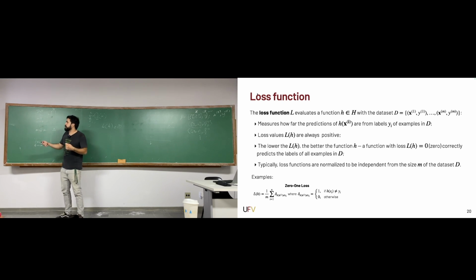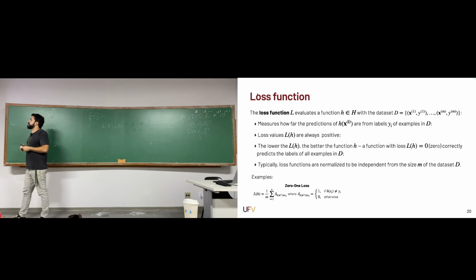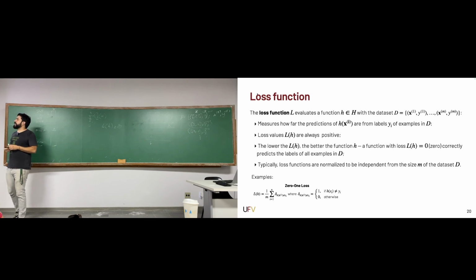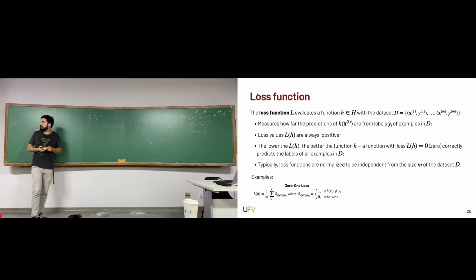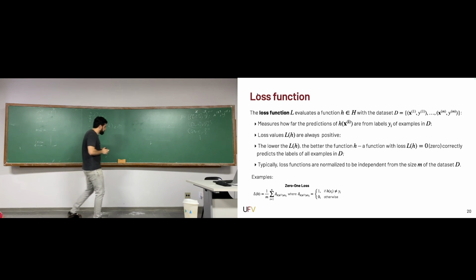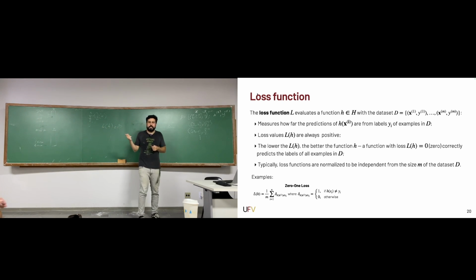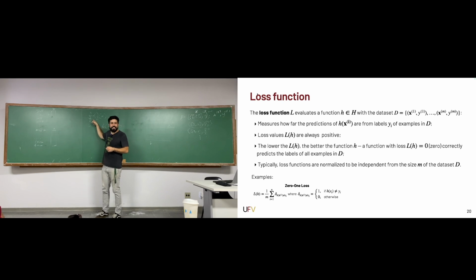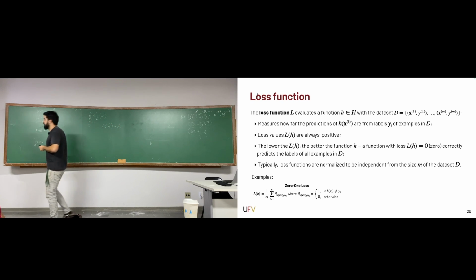Let's see some examples. Perhaps the most basic loss we can think of is called the 0-1 loss, which just returns 1 if the prediction is exactly correct, and 0 otherwise.